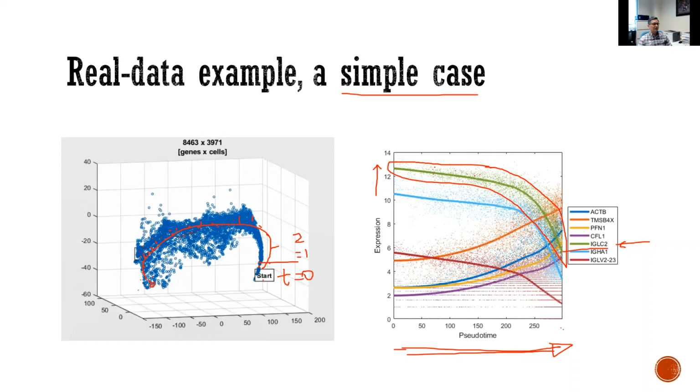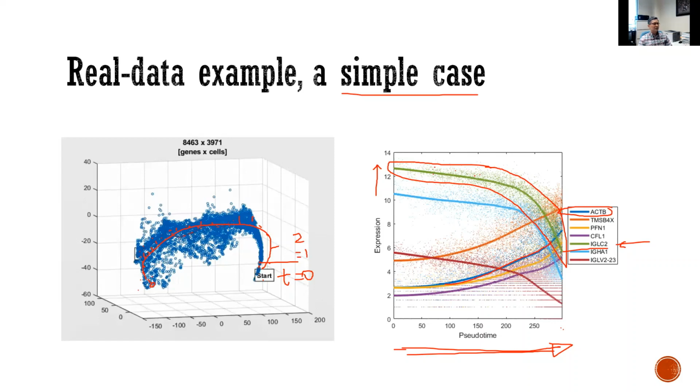On the other hand, this dark blue gene increases in its gene expression among cells. So this is a very simple case. You can have a clear interpretation about the cell development across stages.